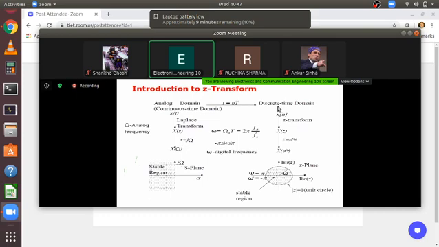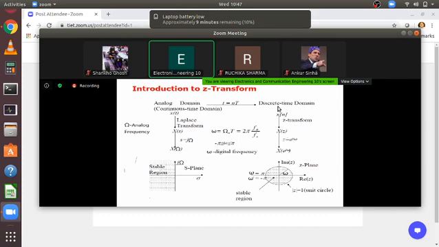But if we have to take the frequency response, then we put this sigma value equal to 0. Once this value is put equal to 0, we can say that s is equal to j capital omega. So that means X(capital omega) is the frequency response in the continuous time domain.